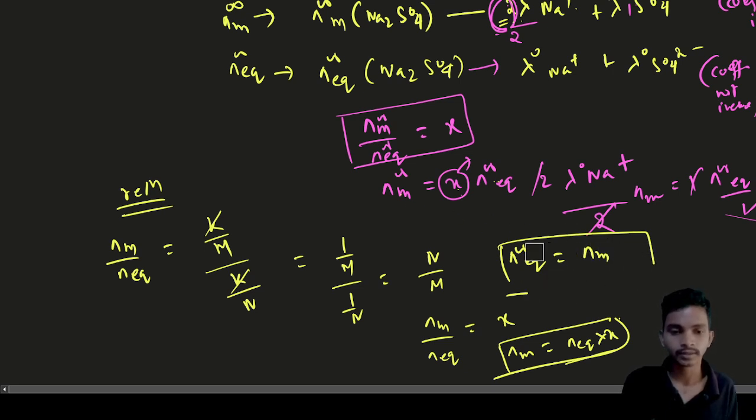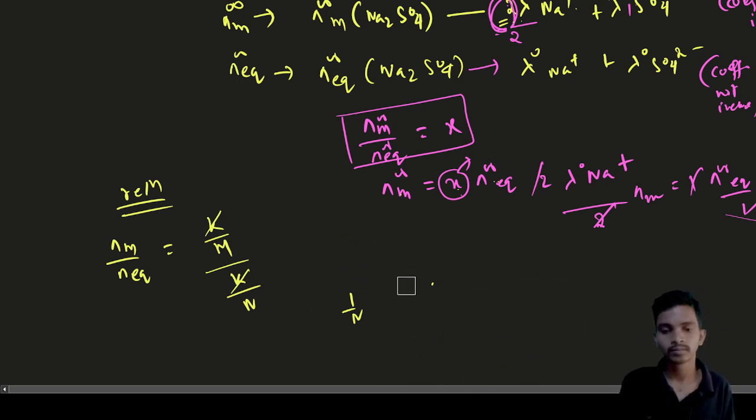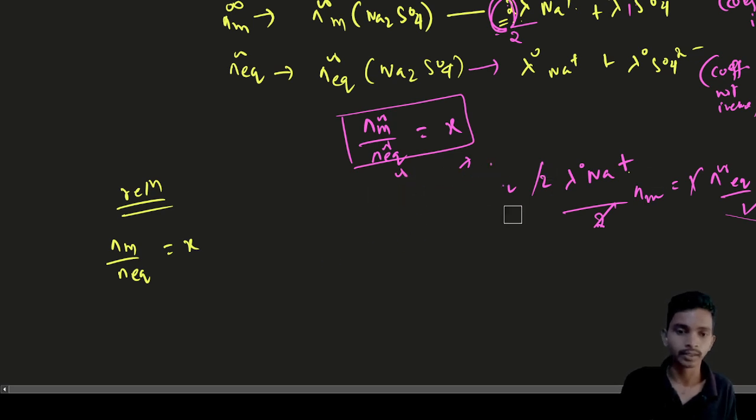I will erase this. This is equal to x. So if molar conductance upon molar equivalent conductance equals x, then I will write it again nicely.